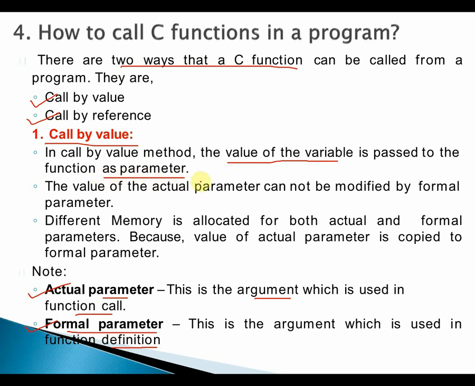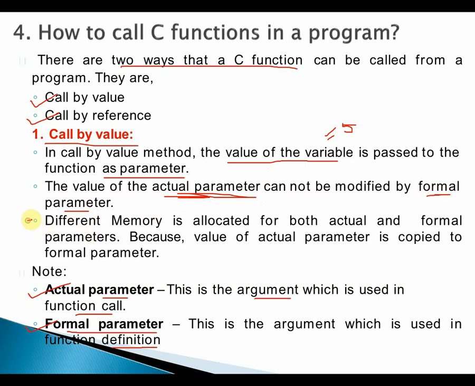Suppose the variable has a value of say 5, that value 5 is passed as parameter. That's the meaning of call by value. Now, the value of the actual parameter cannot be modified by the formal parameter. You have to remember that.